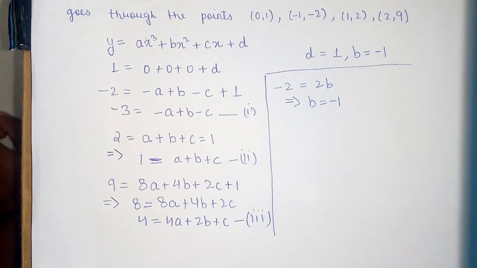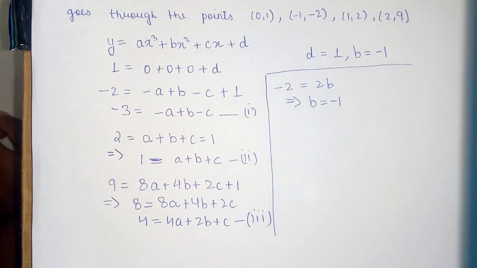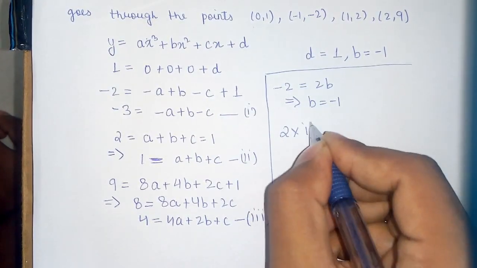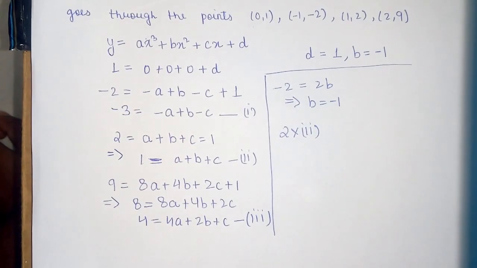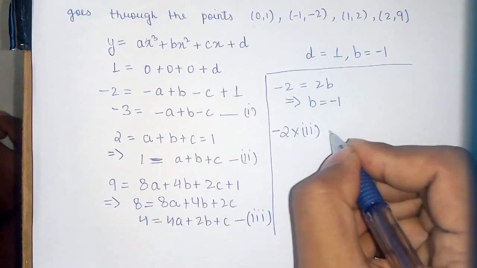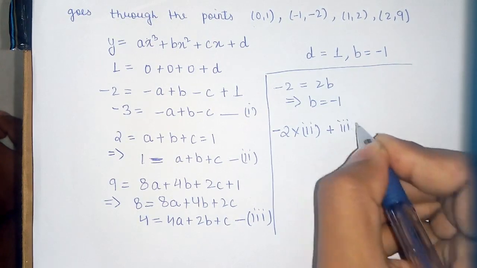We got 1 unknown and we have to find 2 more. So let's do this. Multiply equation 2 by 2 and subtract this from equation 3.